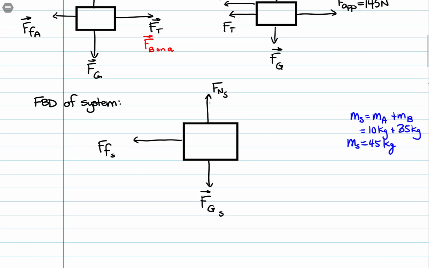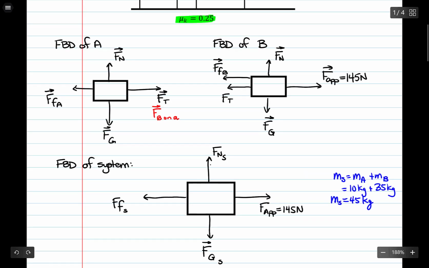We have to think to ourselves, well, that friction of the system comes from the friction of box A and from box B. So we'll have to determine the frictions of each individual box. And there's this, again, applied force on our system, which is acting towards the right, and it's still 145 newtons. Okay, so these are the free body diagrams of each individual box and then the whole system.